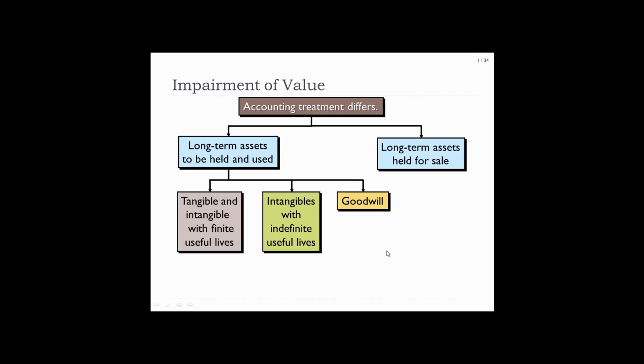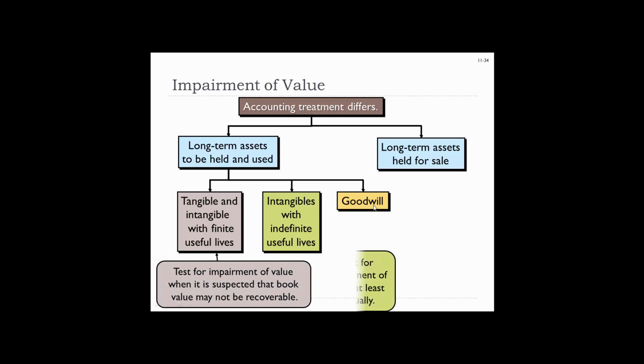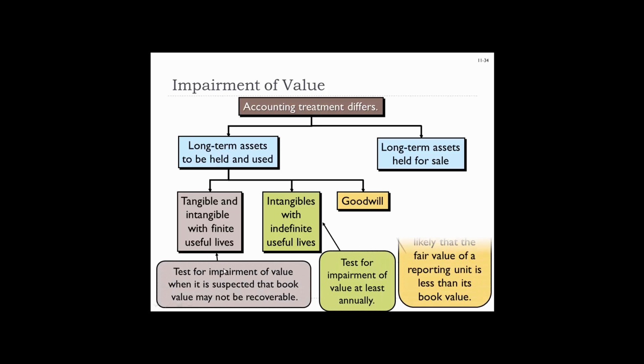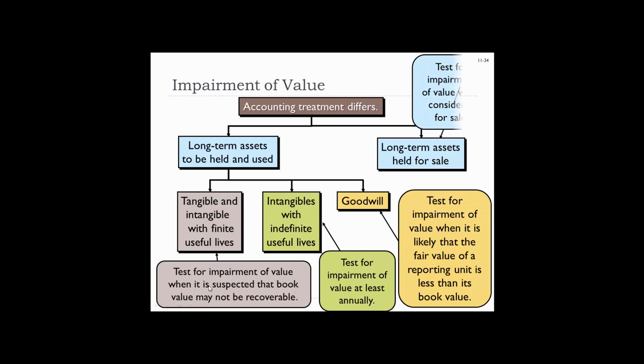If an asset becomes impaired, the accounting treatment can differ. If it is a long-term asset to be held and used, there are tangible and intangible assets with finite lives, tangible assets with indefinite life, and there is goodwill. If it's a tangible asset with a finite life, you would test for impairment of the book value when it's suspected that the book value might not be recoverable.